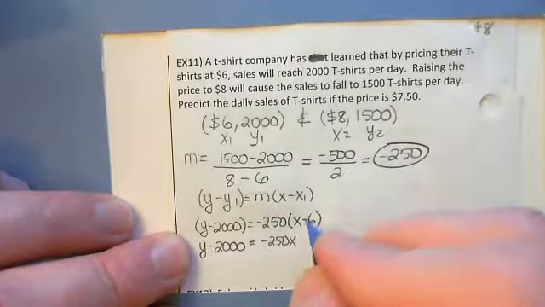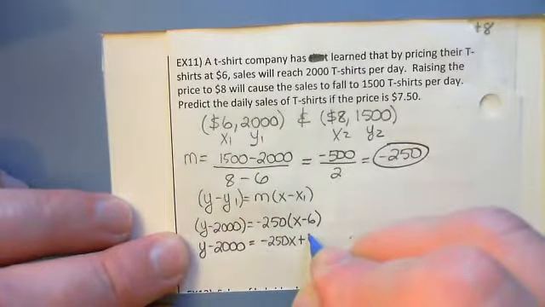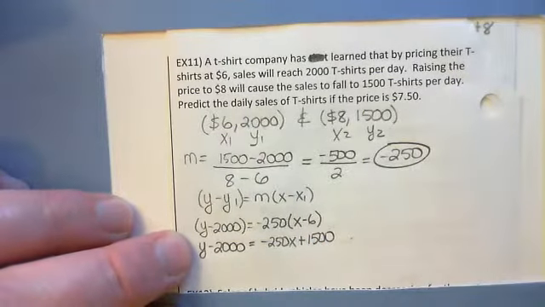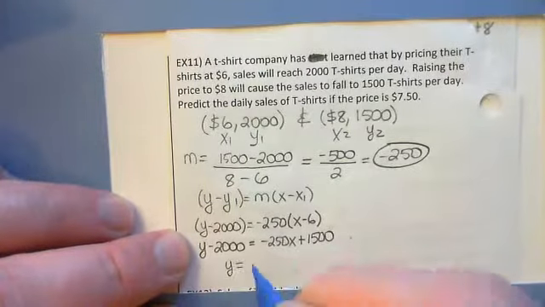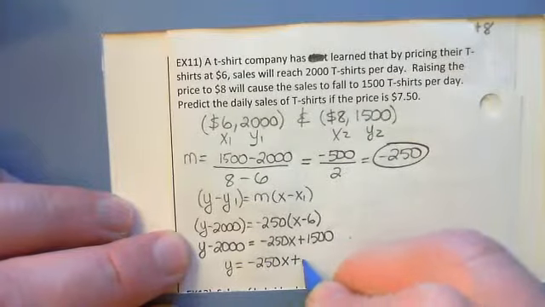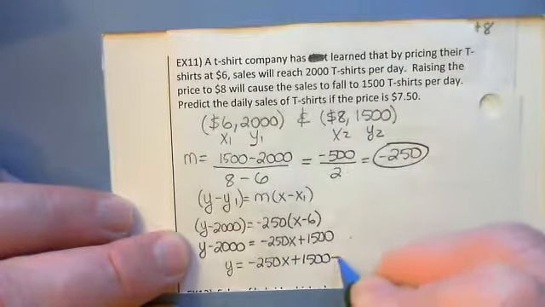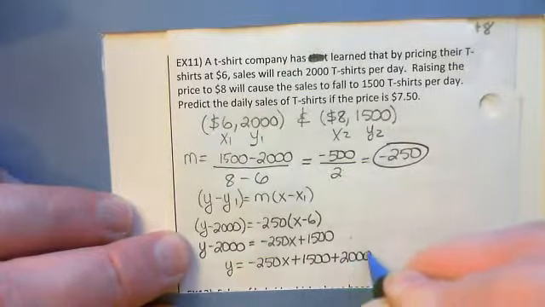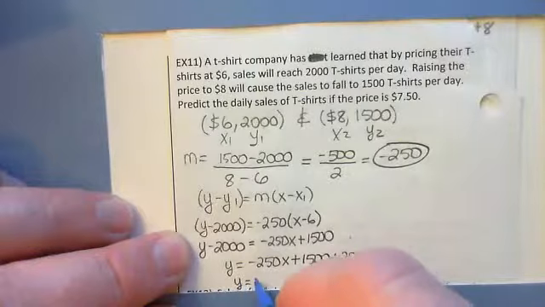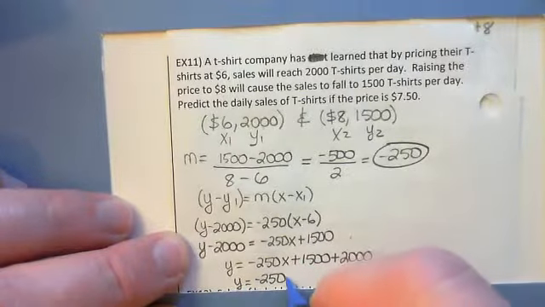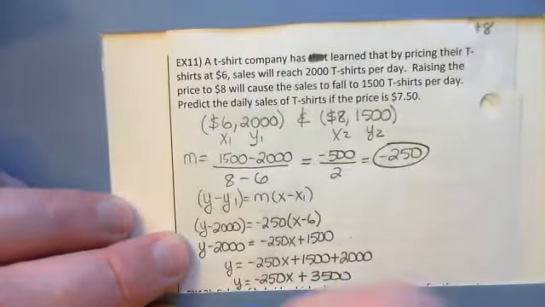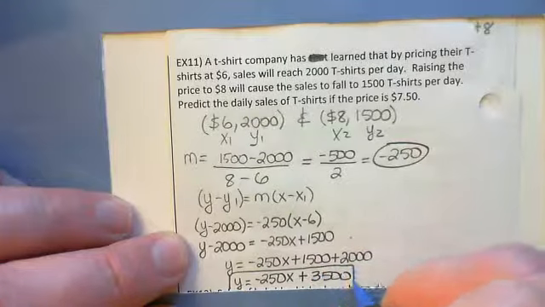Negative 250 times 6 is positive 1,500. Now let's get the y by itself. So let's move the 2,000 to the other side. So this would be negative 250x plus 1,500 plus 2,000. So that means my equation that represents the situation would be negative 250x plus 3,500. So that is my equation.